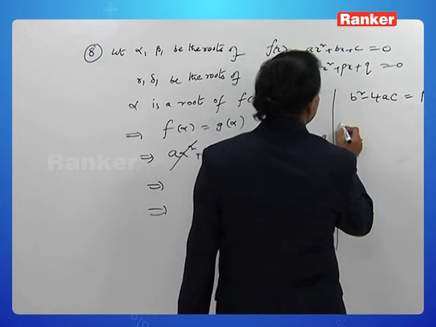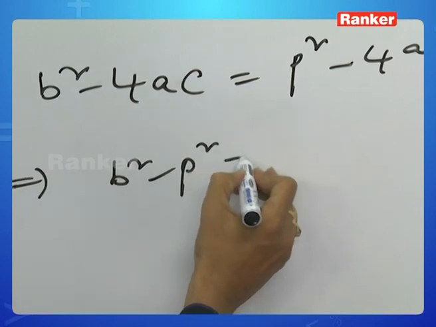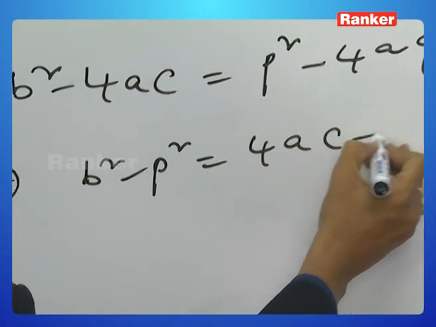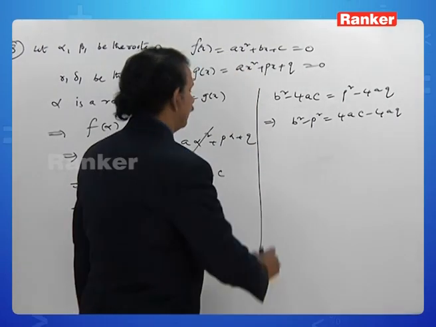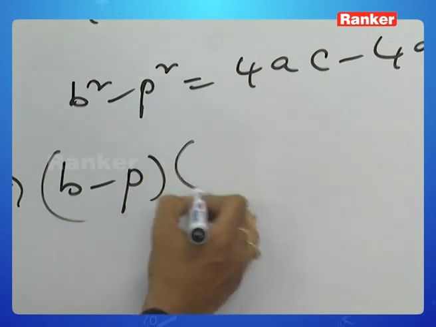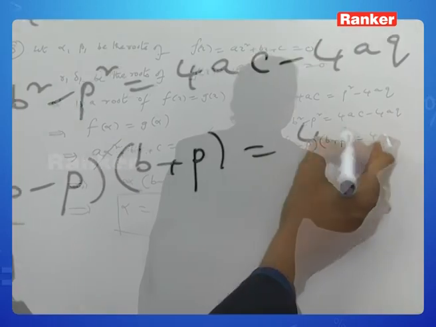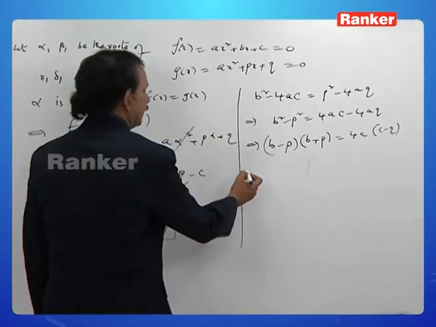This implies b square minus p square is equal to 4ac minus 4aq. Therefore, b minus p into b plus p is equal to 4a into c minus q.